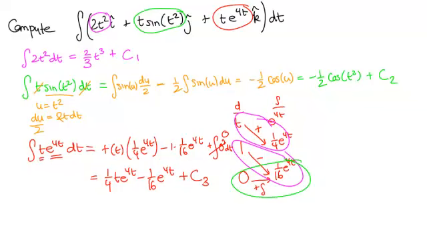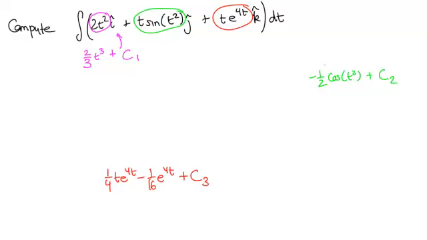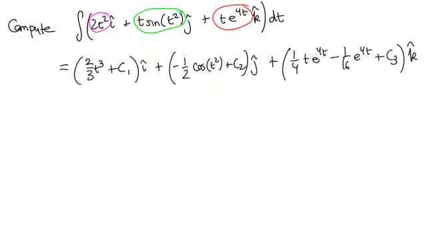And so now that I've got these three values, we just need to stick them in the appropriate places. And so what we'll have is (2/3 t cubed plus c1) times i, plus (negative 1/2 the cosine of t squared plus c2) times j, plus (1/4 t e to the 4t minus 1/16 e to the 4t plus c3) times k. If I were to distribute this i, this j, and this k to these guys, I could rewrite this as follows.